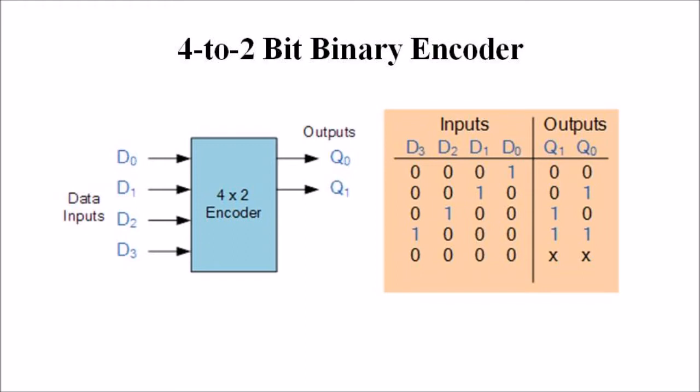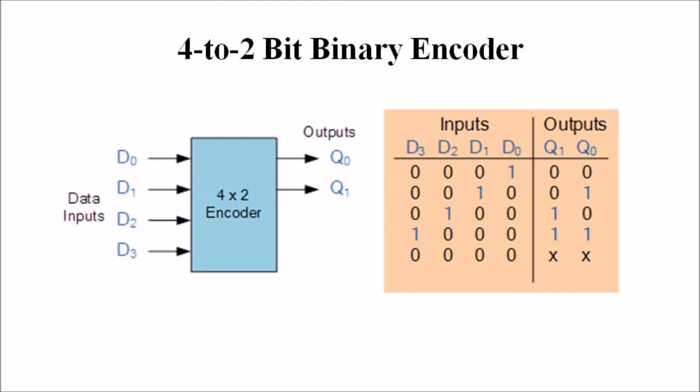For example, if we make the inputs D1 and D2 high at logic 1 at the same time, the resulting output is neither 0, 1 nor 1, 0, but will be 1, 1, which is an output binary number that is different from the actual input present. Also, an output code of all logical 0 can be generated when all of its inputs are at 0 or when the input D0 is equal to 1.